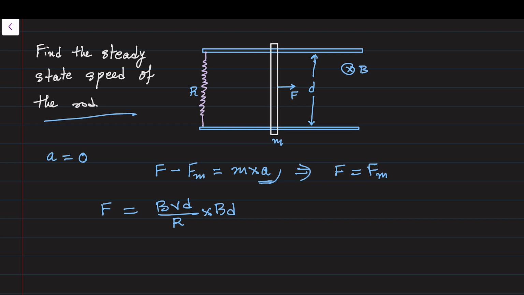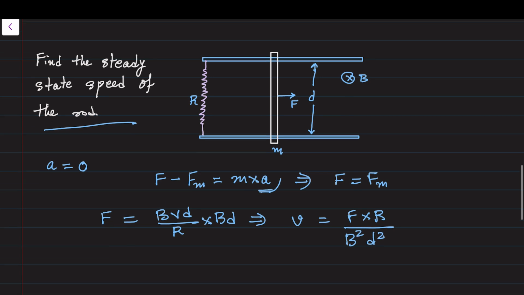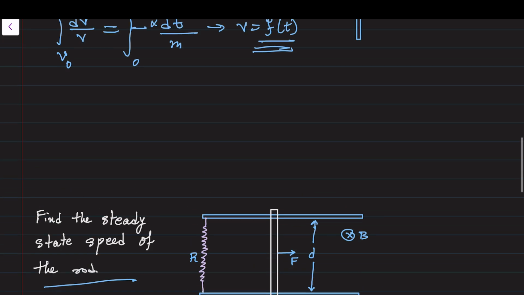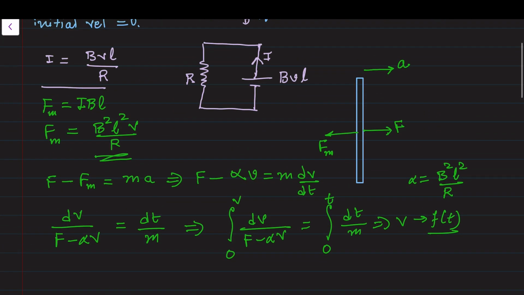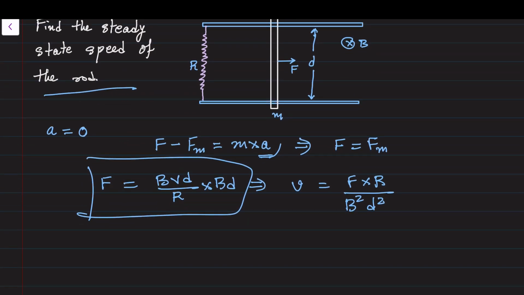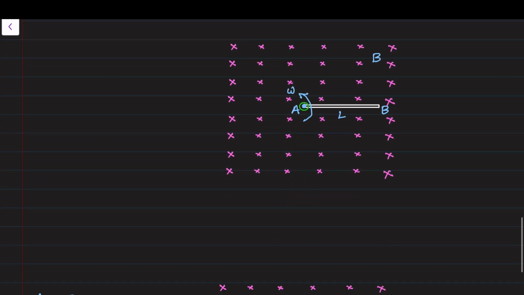So your steady state speed comes out to be F into resistance R upon B square D square. This is your steady state speed. I will just slide the screen. You can see the magnetic force was this value, right? So we have taken that. This is the steady state speed. Now take one more question.